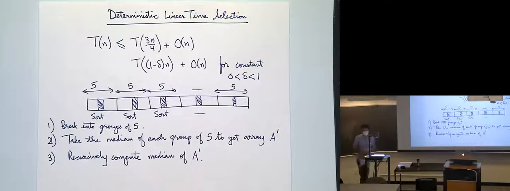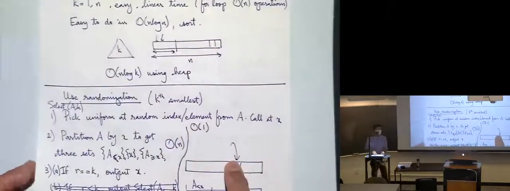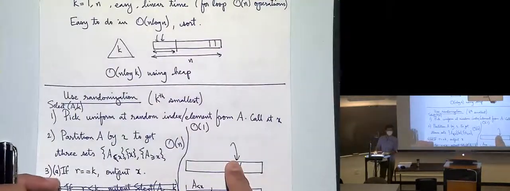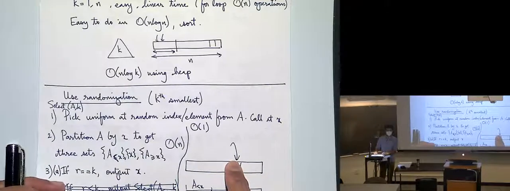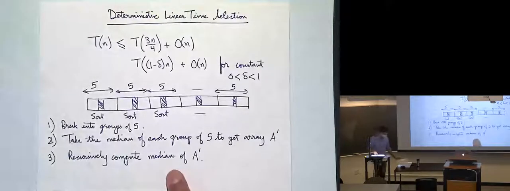You're using divide and conquer, so just recursively compute it. That element becomes your x. Okay? So you recursively compute the median.